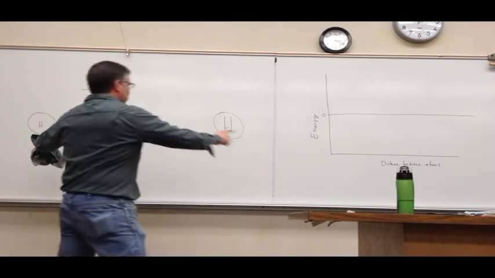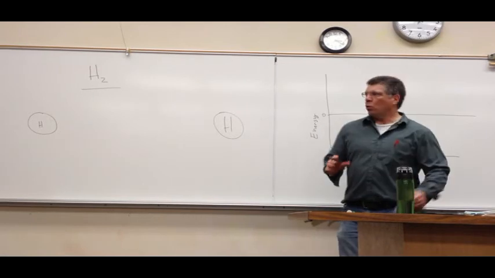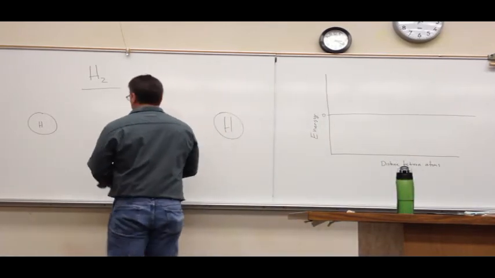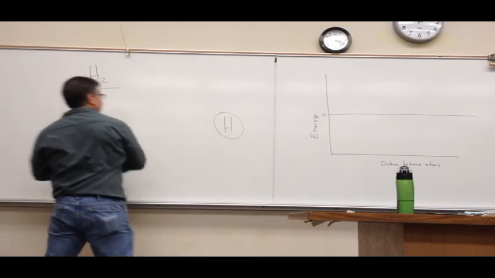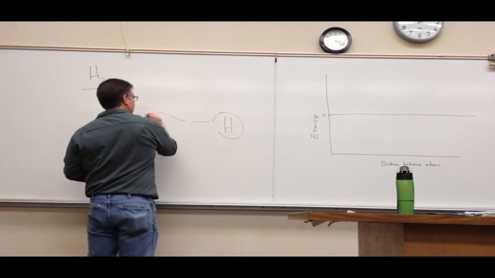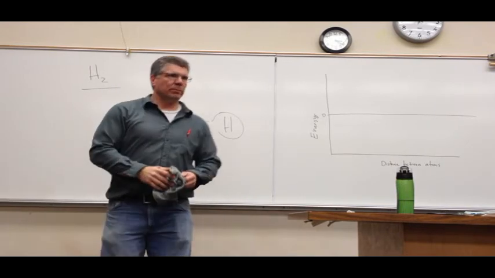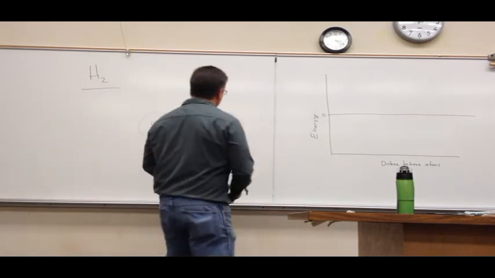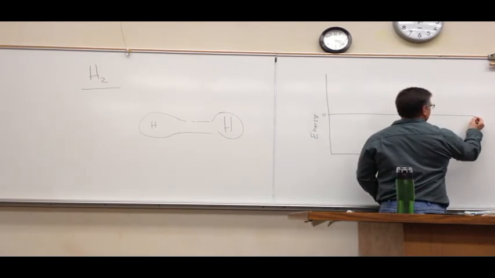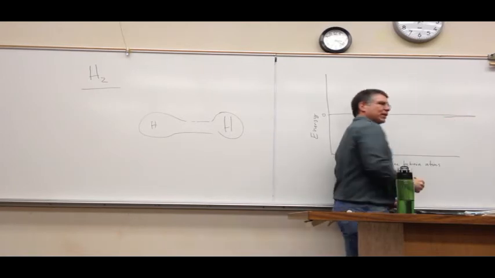We start bringing them closer and closer together. They start interacting. The orbitals start to overlap, just a little bit. And when they do, the energy goes down a little bit. So infinitely far away would be 0, and it's coming down a little bit the closer they get to each other.